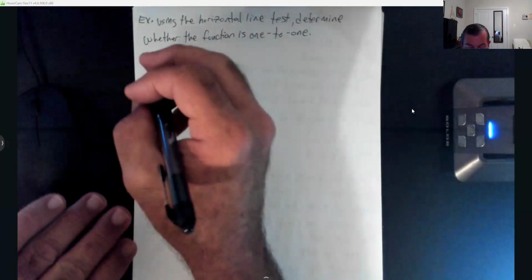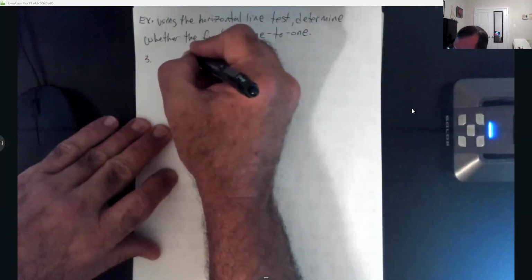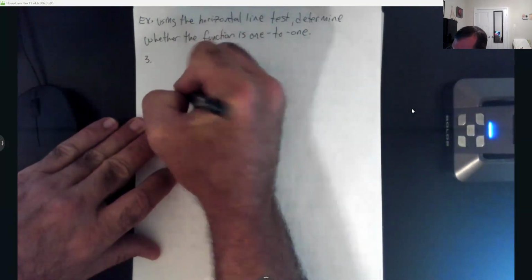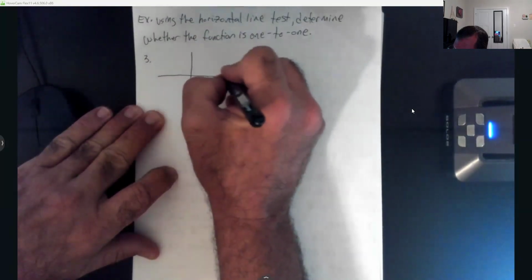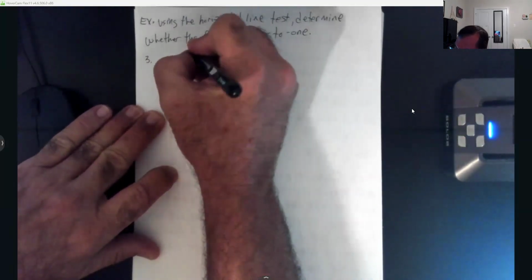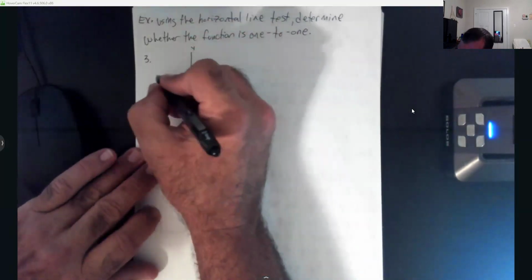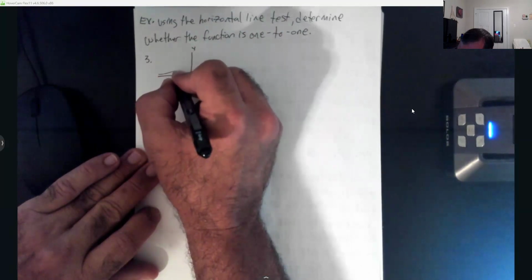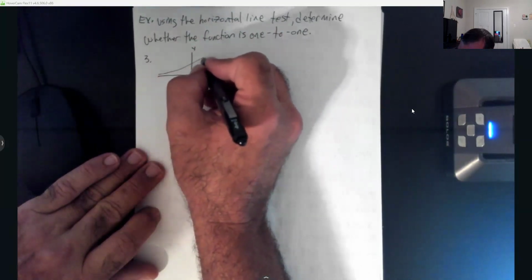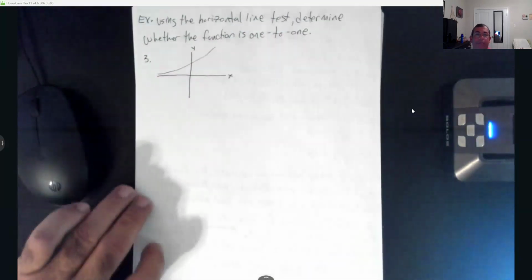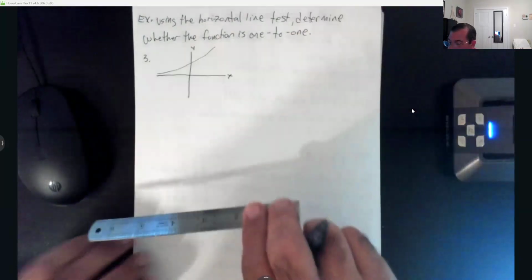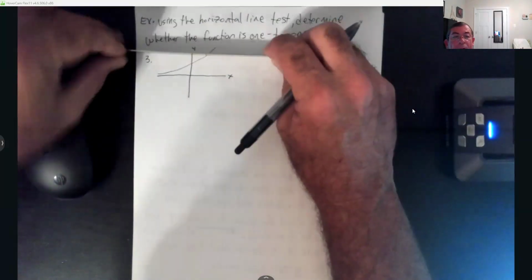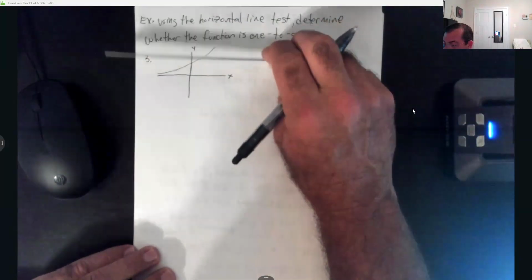All right, y'all, so let me draw this first one here. See this graph just sort of slowly goes uphill to the right. But notice, if I do a horizontal line, it intersects it once.